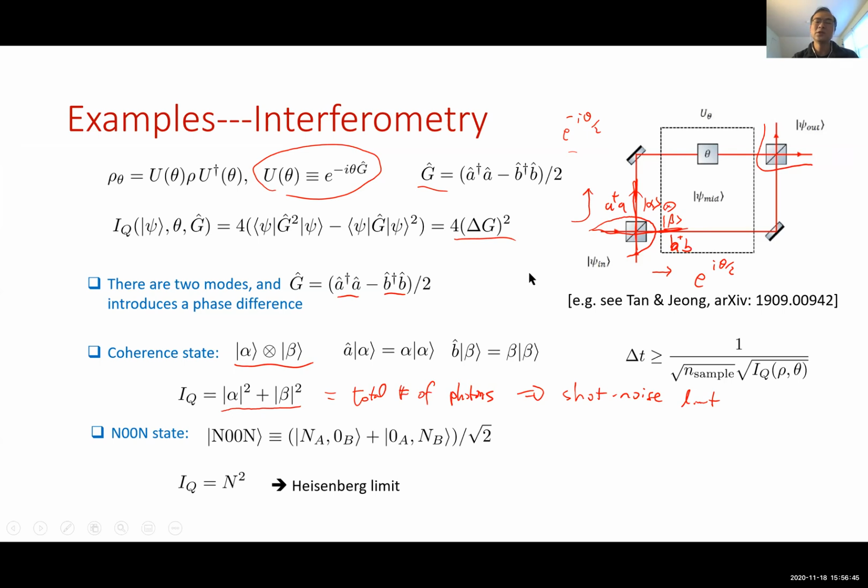If you use the NOON state, meaning that there are n photons in port A and 0 photons in port B, superposed with 0 photons in port A and n photons in port B, this is called a NOON state. You can evaluate this Fisher information, and you can convince yourself this Fisher information is n squared. And this reaches the so-called Heisenberg limit.